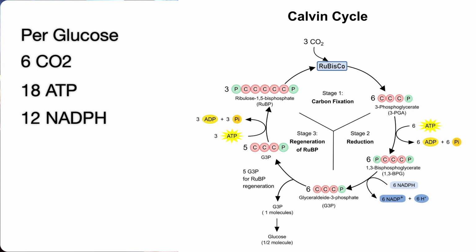Again, it turns twice, so we need 18 ATP per sugar molecule. For the reducing power, you can see that we use 6 NADPH on the right-hand side. Again, we double that because this thing has to turn twice. So for a glucose, a 6-carbon molecule, we need 6 CO2, 18 ATP and 12 NADPH.